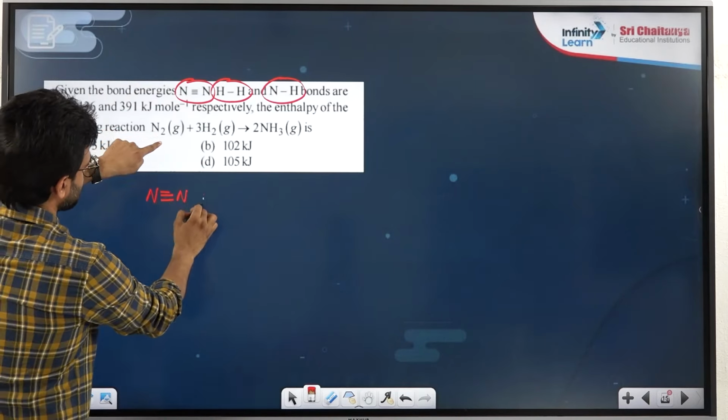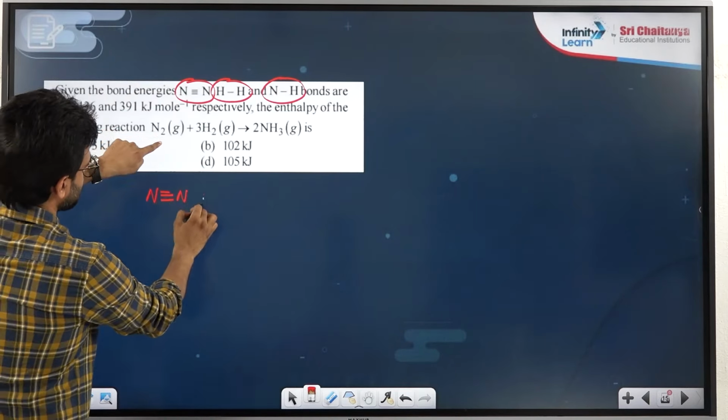So we can go for delta H of reaction, right? So N2, 1 mole of N2, right? What is the N2 energy they have given? 945 plus 3 moles of HH bond, 436. So it is the bond enthalpy of reactants minus bond enthalpy of product.